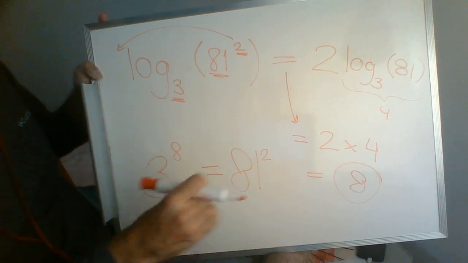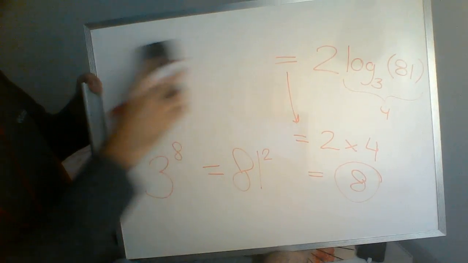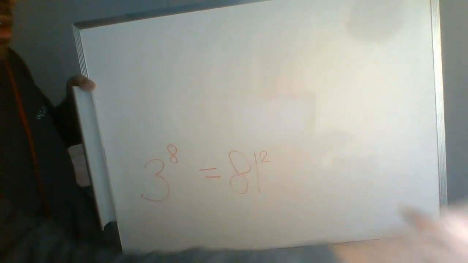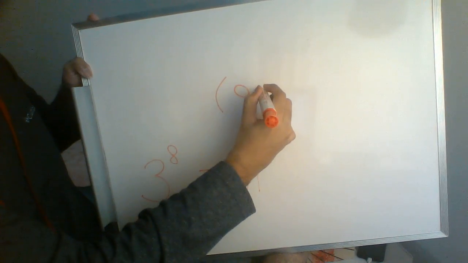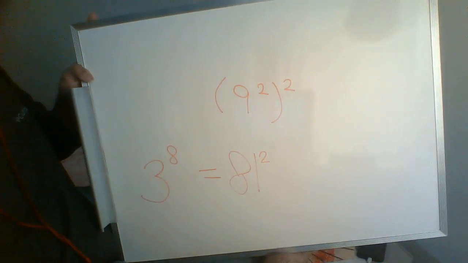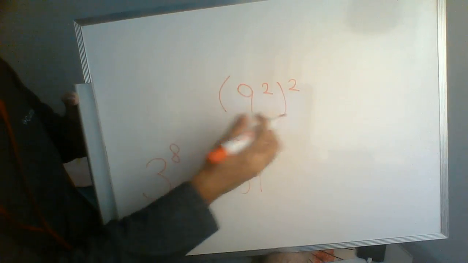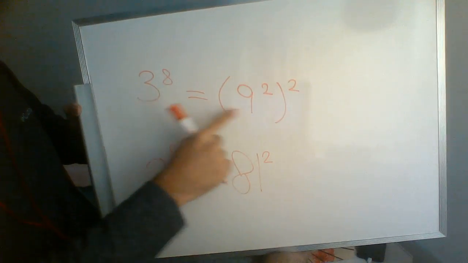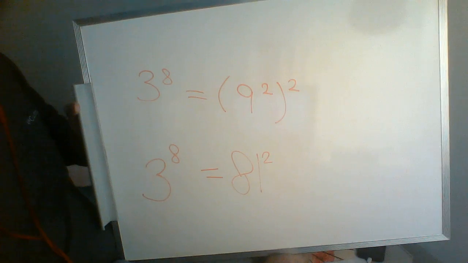So what we basically have here is, if I get rid of the actual question now, because we're just exploring different ways to check our answer, if we look at this 81 differently, 81 is the same as 9 squared, right? So I could write that as 9 squared squared, right? 9 squared is 81, and then that 81 needs to be squared. So that's telling me that 3 to the exponent 8 is equal to 9 squared all squared, right? But that's still not helpful.